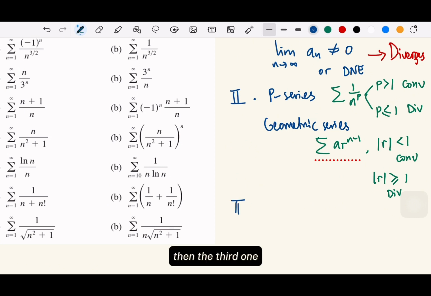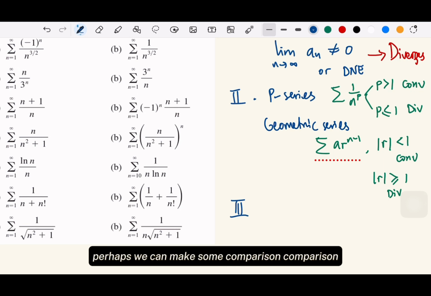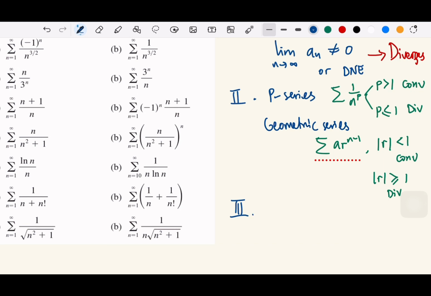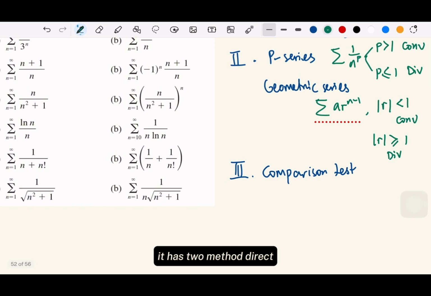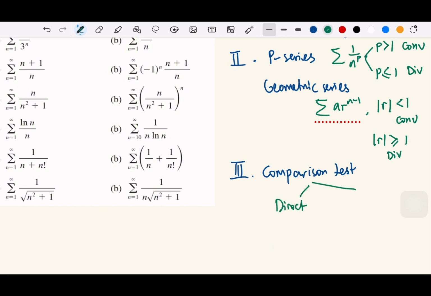Then the third one, perhaps we can make some comparison. Okay, comparison test. It has two methods, direct and limit comparison.